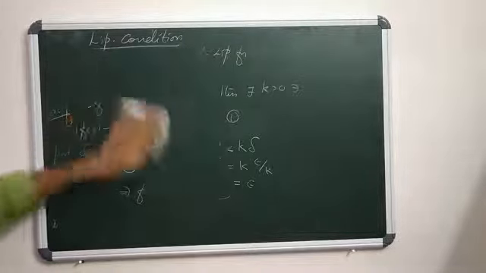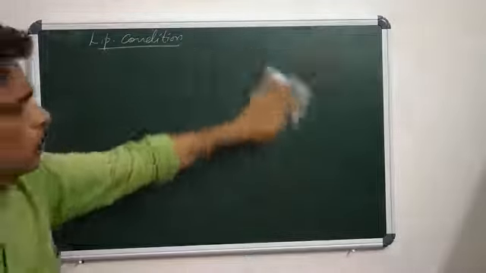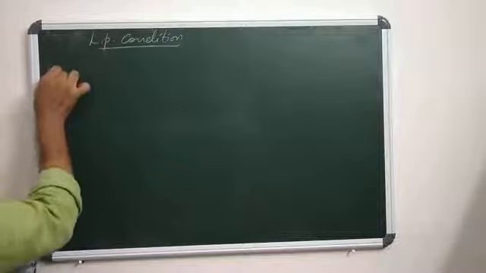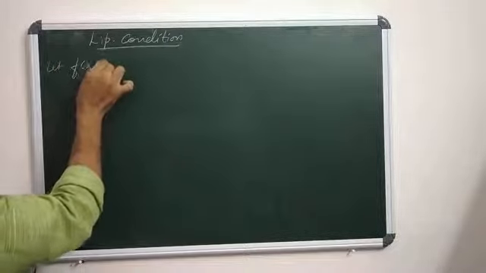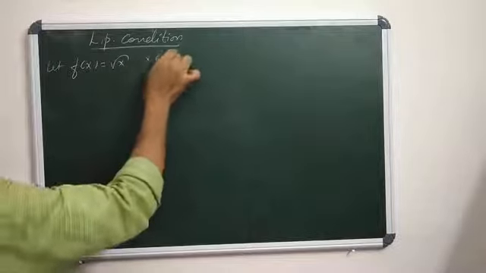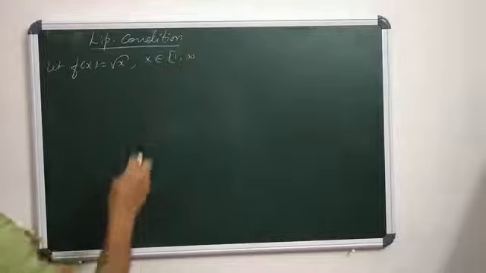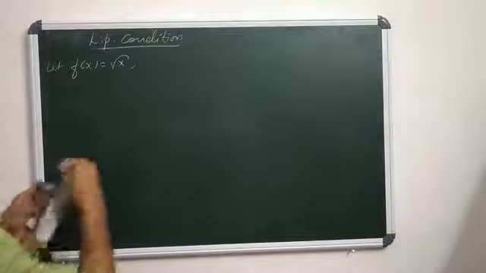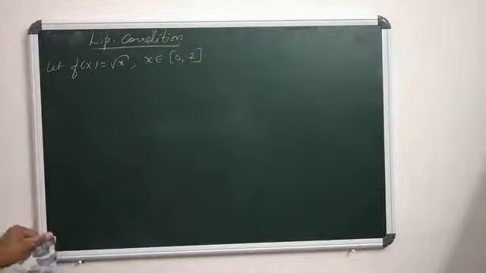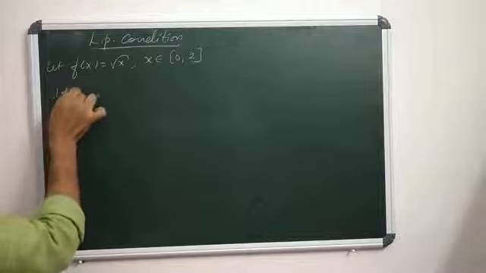So, listen. Consider f of x equals root x, where x is in the closed interval 0 to infinity. What is the modulus of f of x minus f of u?